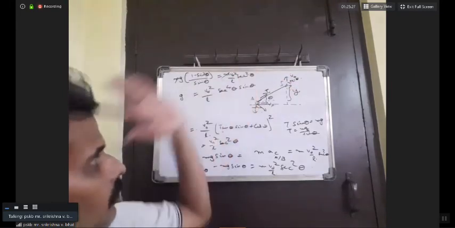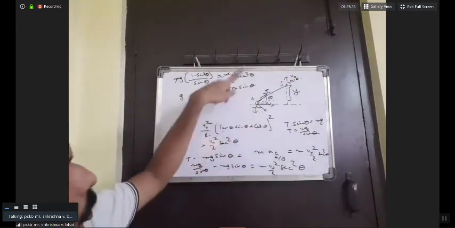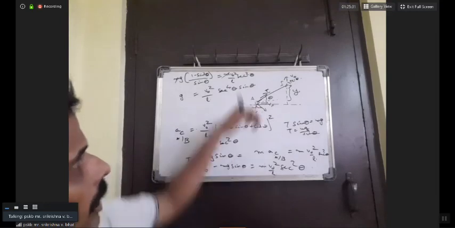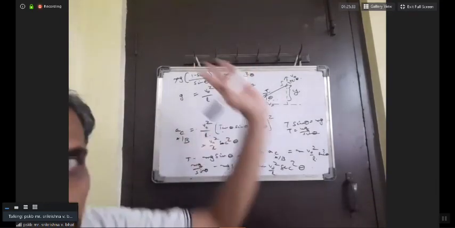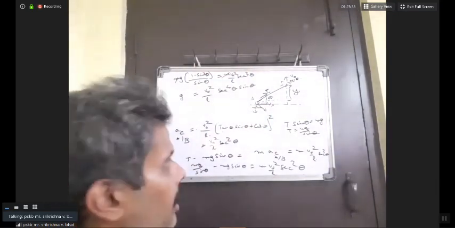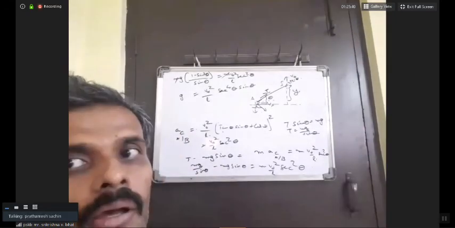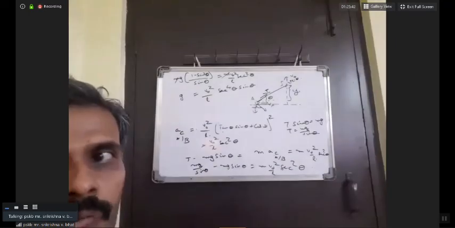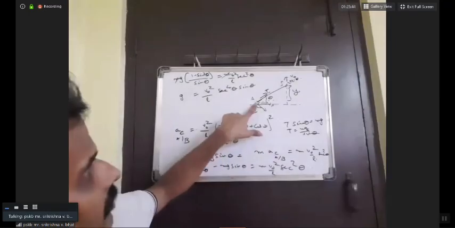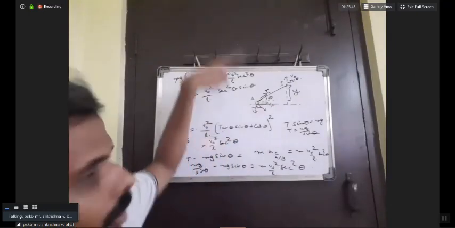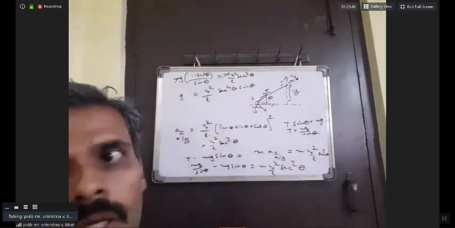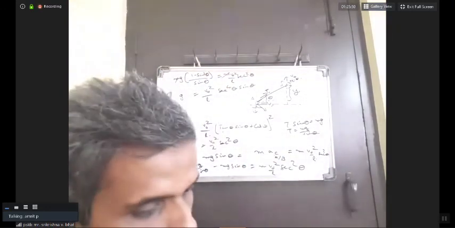But when it is about to lose contact, the tension force acting upwards and mg, they have to balance. If you just see in ground reference, if this mass is moving only along the horizontal and it is not moving vertically upwards, then it means along vertical forces must be balanced.